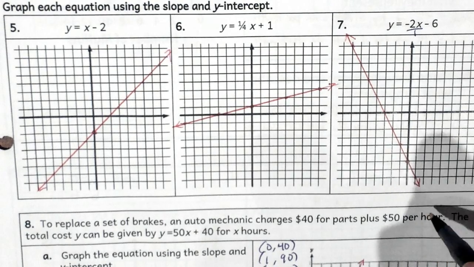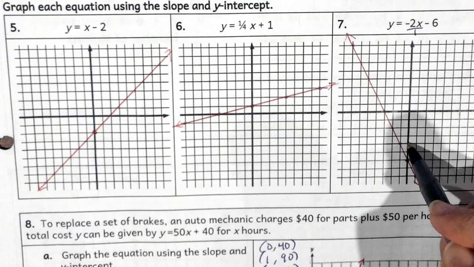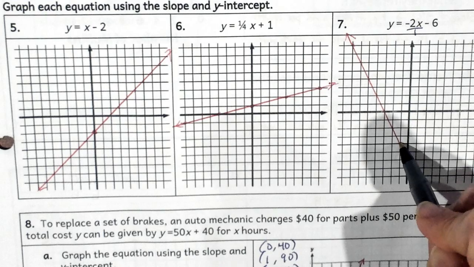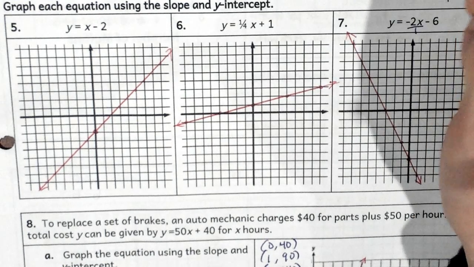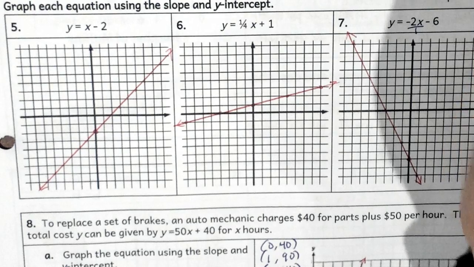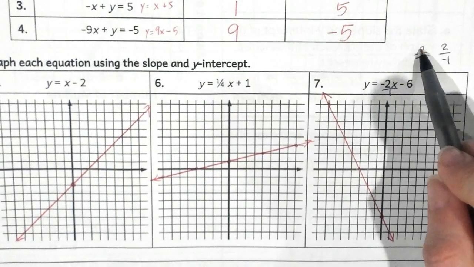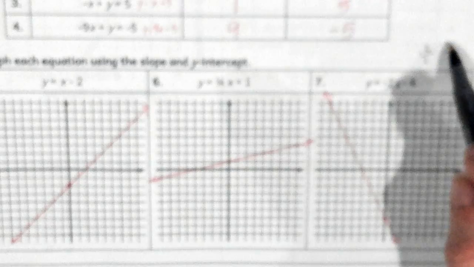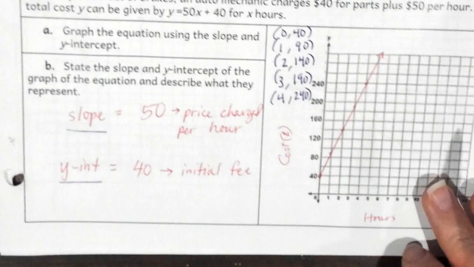We kind of run out of room, so we're going to go the other direction. If I go up, that's +2, but to the left is -1. So remember, -2 over 1 or 2 over -1 are really the same thing. So it's either down 2 right 1 or up 2 left 1, and those would be the same. Okay? Number 8.